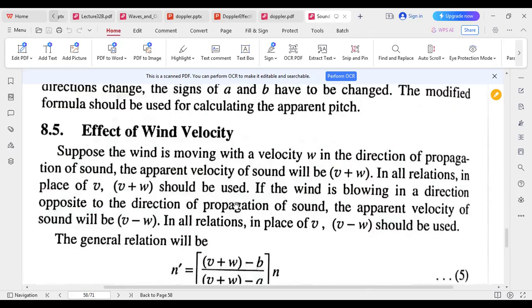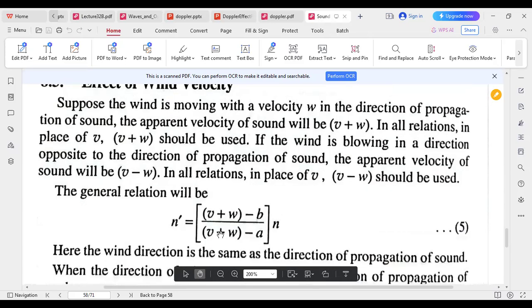Now, the effect of wind velocity. Suppose the wind is moving with a velocity w in the direction of propagation of sound. The apparent velocity of sound will be v plus w. In all relations, in place of v, we put v plus w if the wind is blowing in that direction, and the velocity of sound will be v minus w if the wind is blowing in the direction opposite to the direction of propagation of sound; we have to use v minus w in place of v.